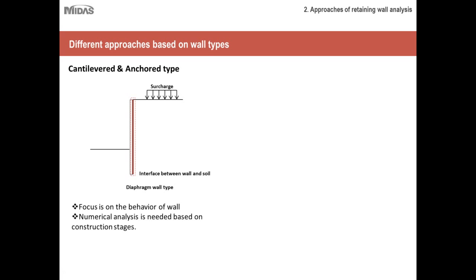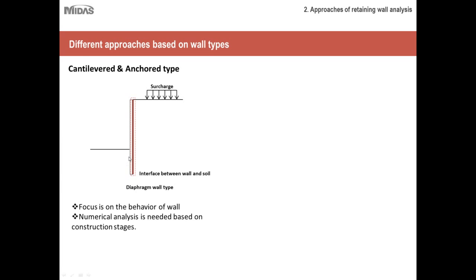So when we do a numerical analysis, we must consider how this wall was constructed. Sometimes when you are dealing with tall walls, they are not constructed in one shot, they are constructed in increments or segments.